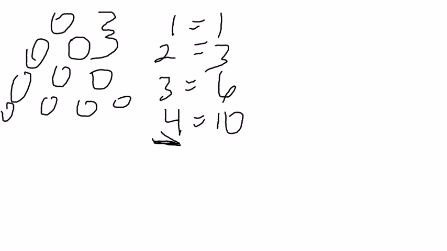So on our fourth row, we have 4 cans, and we have a total of 10 cans if we count all the ones above it. So what can we do to figure out 15? Well, we can add them all up, or we can use a formula.